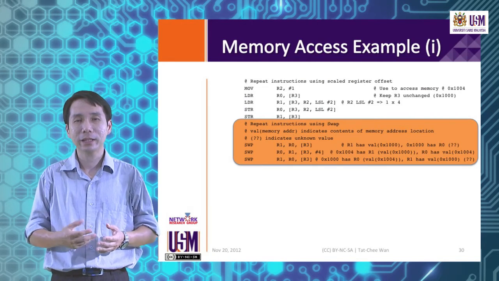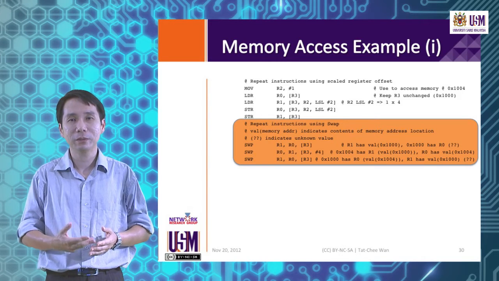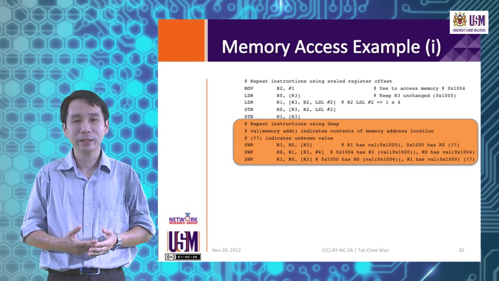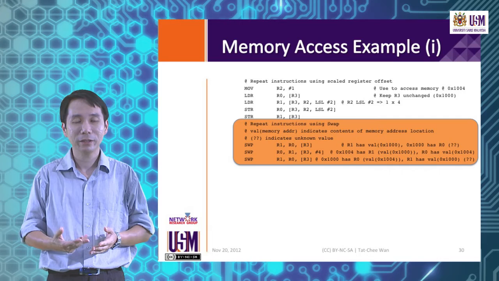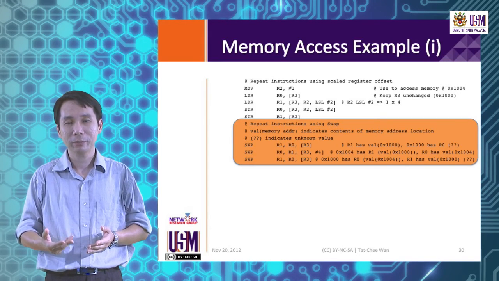Next, we look at how we can use SWP to perform a similar operation. In this case, we take note that the values in certain registers are unknown at the beginning. This is indicated by the question mark in the example comments.